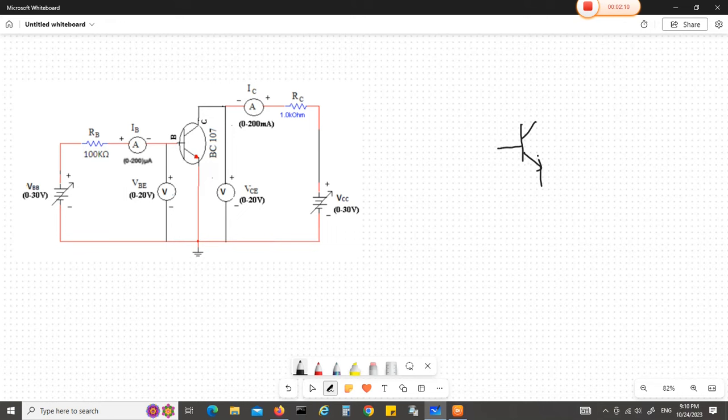I am drawing the NPN transistor. This is the emitter, this is the base, and this is the collector. The emitter is made common, and it will be connected to ground in the expEyes kit.